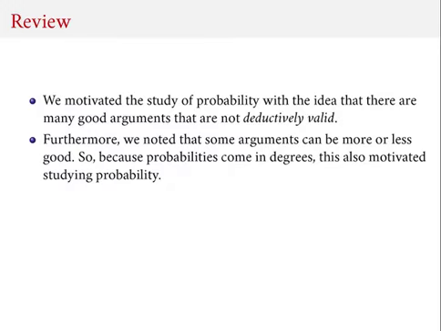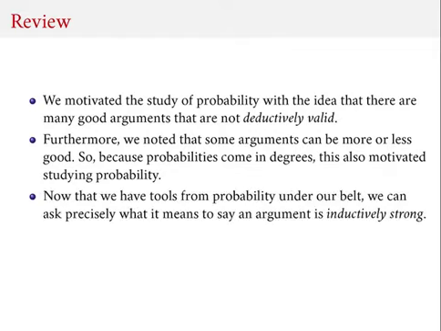Because probabilities come in degrees, that's why we thought that thinking about probabilities could help us understand how various arguments could be more or less good. So now that we have the tools from probability under our belt, we can ask precisely what it means to say that an argument is inductively strong, or good in the inductive sense.